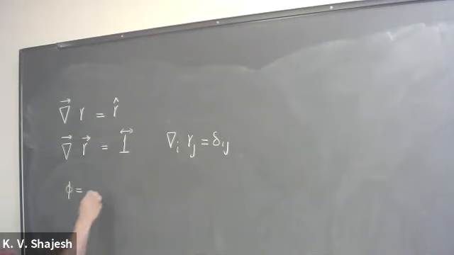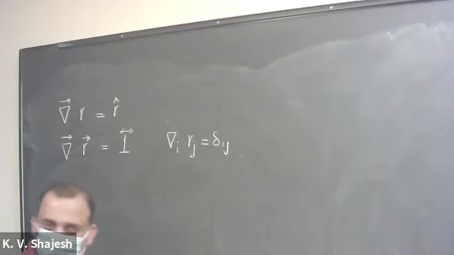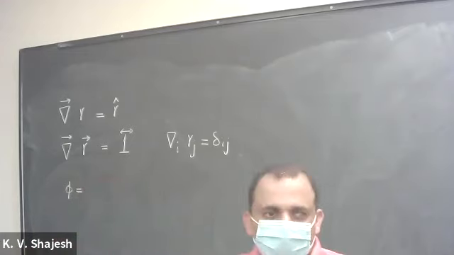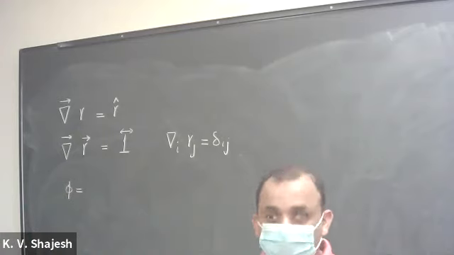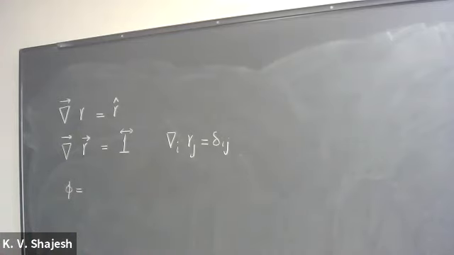How much is it? The electric field is 1 over R squared, but the potential is 1 over only R. So it's Q over R. In SI units, it is 1 over 4 pi epsilon times Q over R.